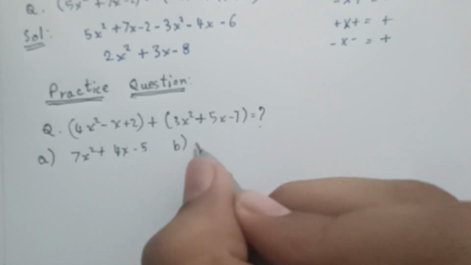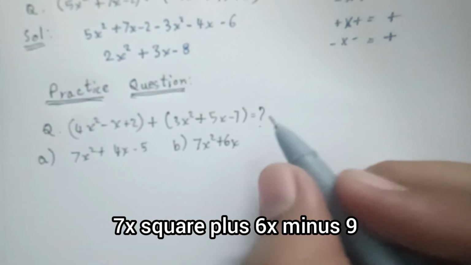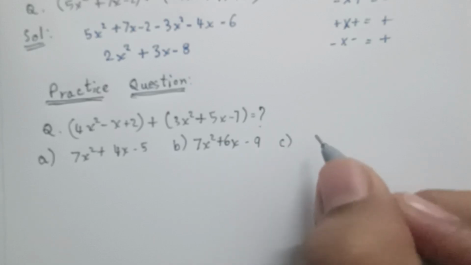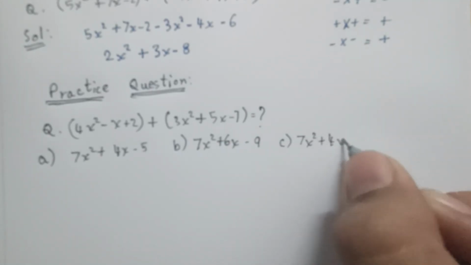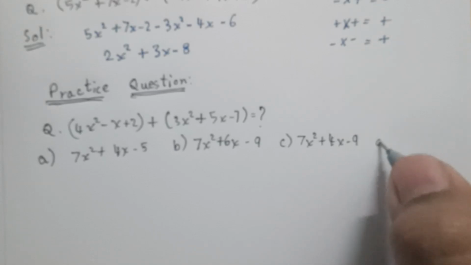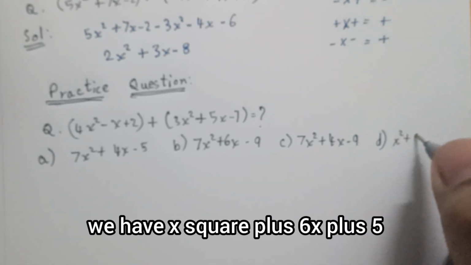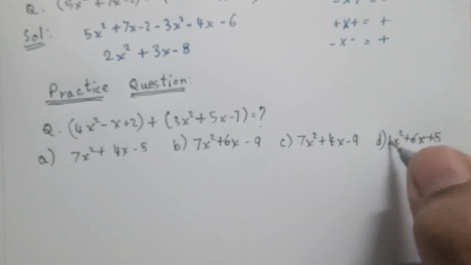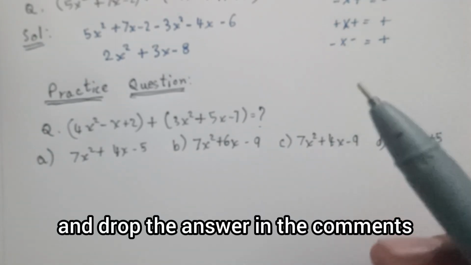Option B, 7x square plus 6x minus 9. Option C, 7x square plus 4x minus 9. And option D, we have x square plus 6x plus 5. Solve the question and drop the answer in the comments.